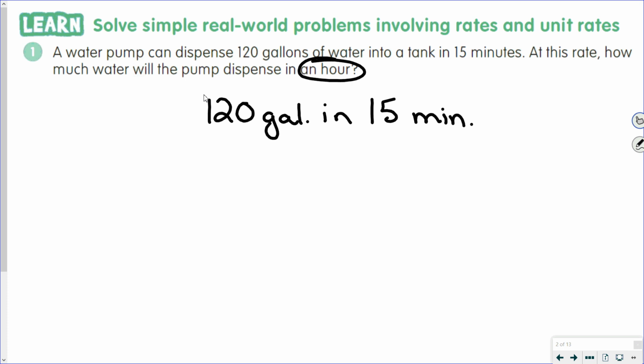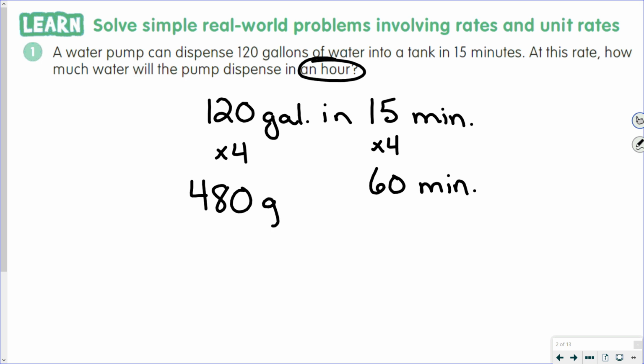Well, hopefully you know that in an hour, there are 60 minutes. So if we have 15 minutes, in order to get to 60 minutes, we multiply by 4. So if I'm multiplying the 15 by 4, I also need to multiply the 120 by 4, and 120 times 4 is 480 gallons.